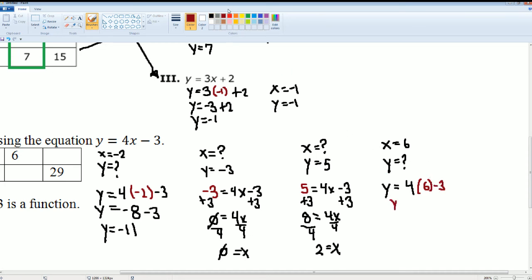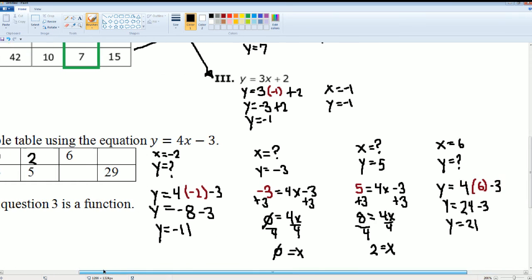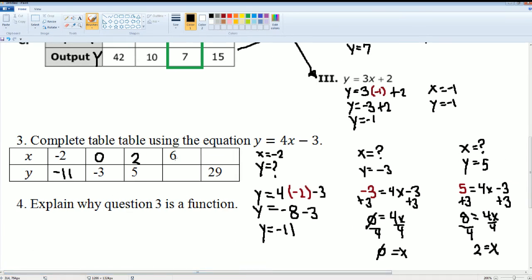That should be in the color of black right here. So y equals 4 times 6 is 24, I believe. 18, 19, 20, 21, 22, 23, 24. Yep. Minus 3. 24 minus 3 gets you 21. So when x equals 6, y is equal to 21.